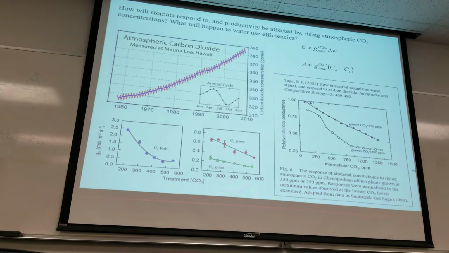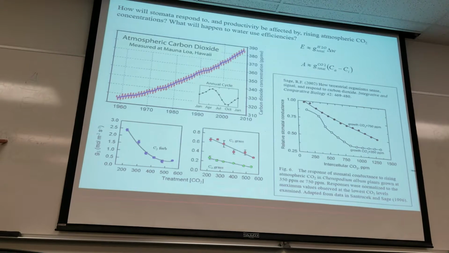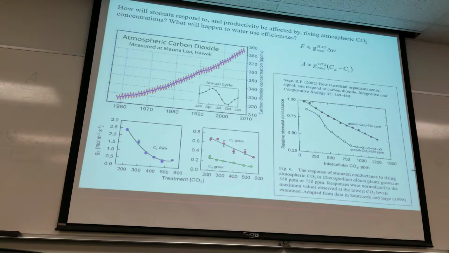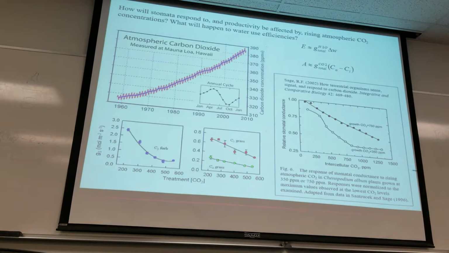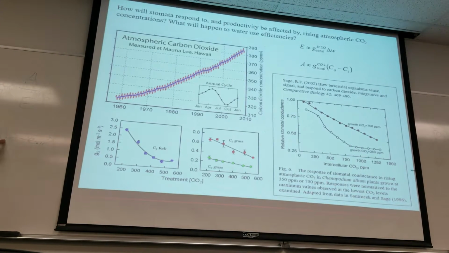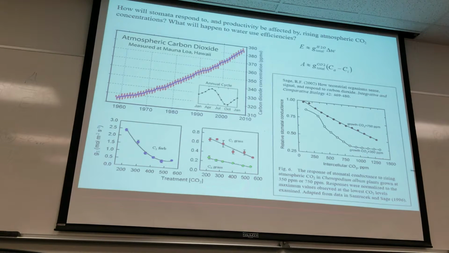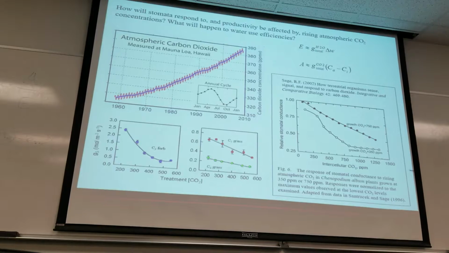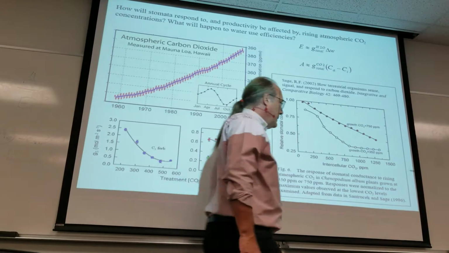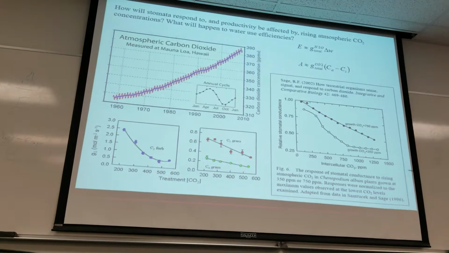As the leaf increases temperature, the saturation vapor pressure increases. So this VPD difference increases unless you put more water vapor into the air. And that may have an effect on transpiration rate.